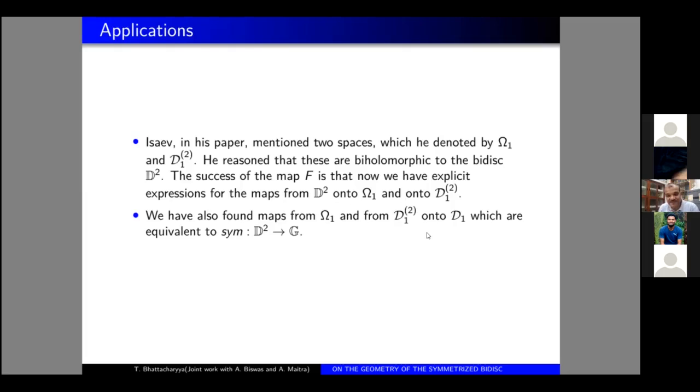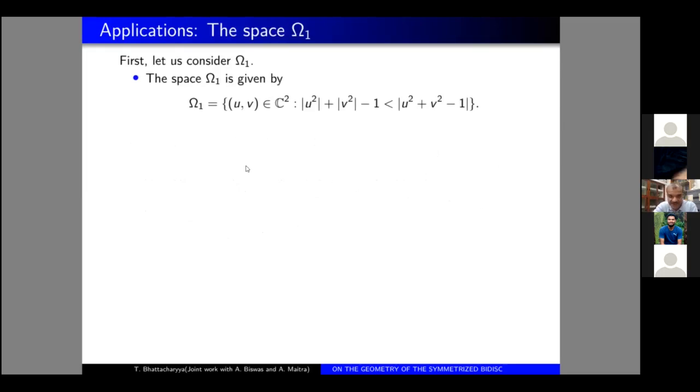Now that we have been able to construct a biholomorphism once, we can do it more. And we wrote down the explicit biholomorphisms between the bidisc and these 2, omega 1 and D1,2. Okay, I'll show one of them explicitly and we'll see whether we have the time for the other one.